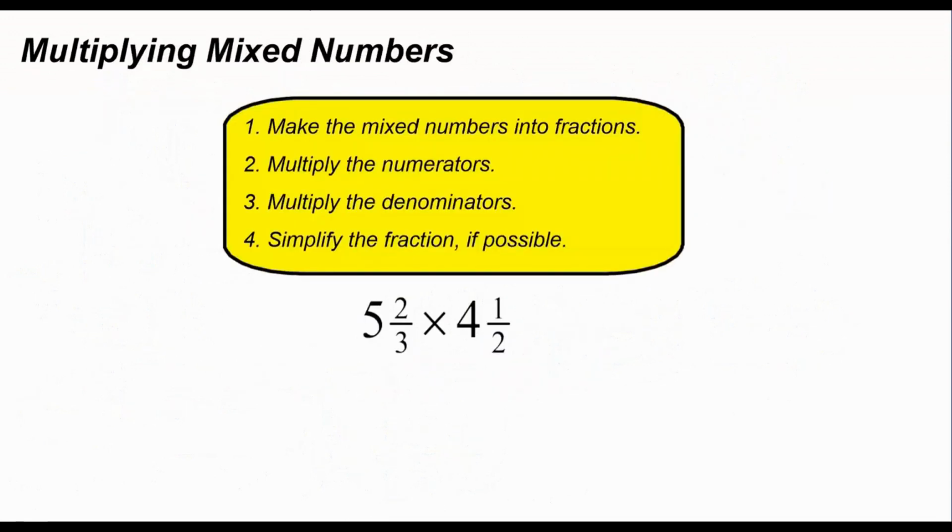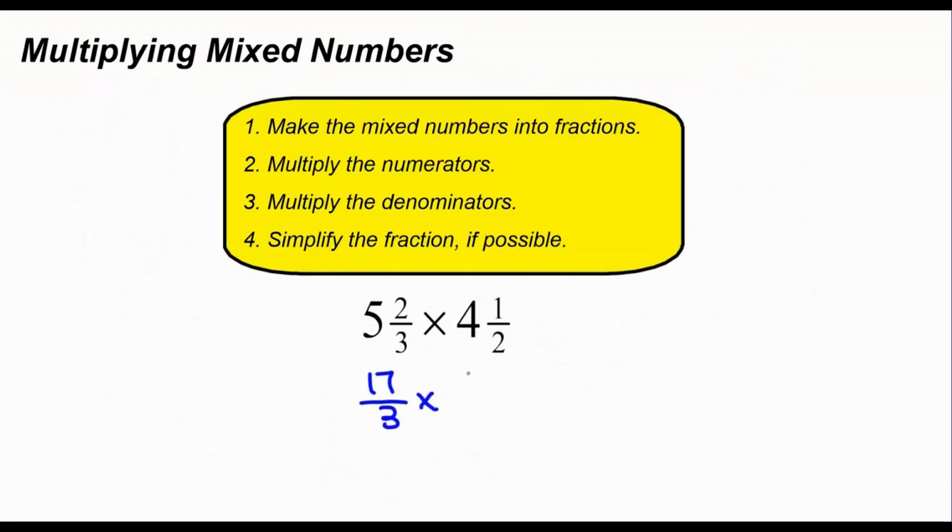Next, multiplying mixed numbers. How do we multiply mixed numbers? Lots of ways to multiply mixed numbers, but I think the most straightforward way to do it is to do what we've always been doing with these mixed numbers, is to change them into fractions and then multiply them like fractions. Top times top, bottom times bottom, and then simplify. So the example here, 5 2/3 times 4 1/2. These written as fractions, 5 2/3 is 17/3.